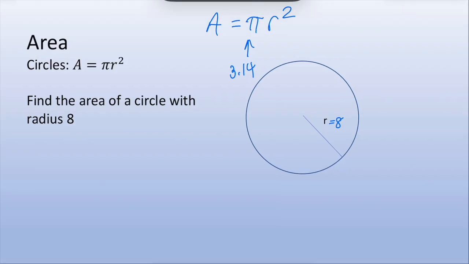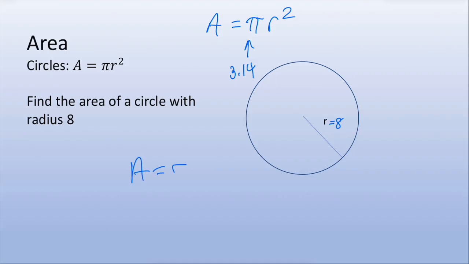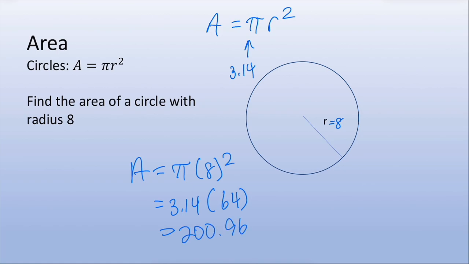So the area of the circle is going to be pi times 8 squared. Now you can do the 8 squared first if you want, following order of operations. So that would be 3.14 times 64, and 3.14 times 64 is 200.96. And it didn't give us the units, so it'd be square units.